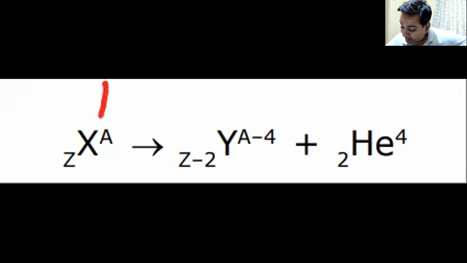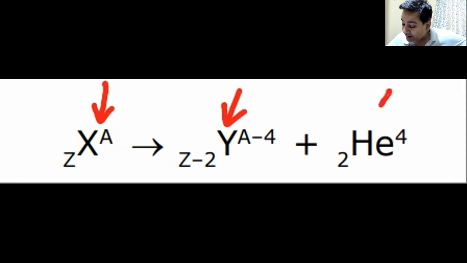What is this, gentlemen? This is your parent nucleus. Remember, whenever we're talking about radioactivity or this chapter, nuclear physics, we are concerned with the nucleus. We're not concerned with the electrons which are moving around. What we have here is the daughter nucleus.